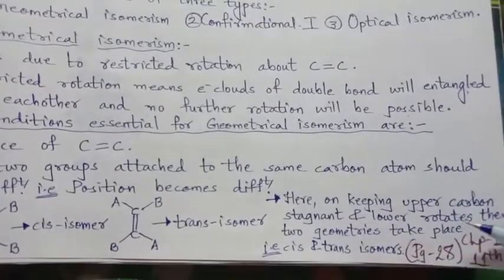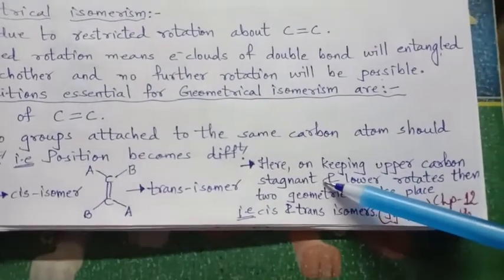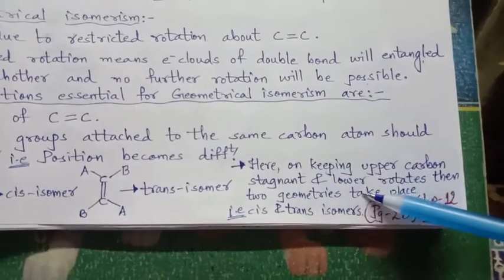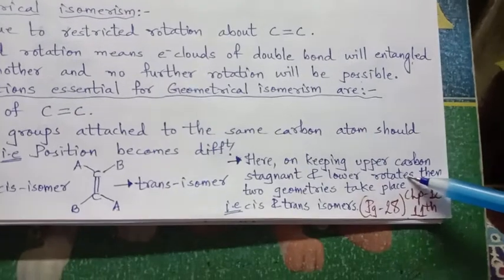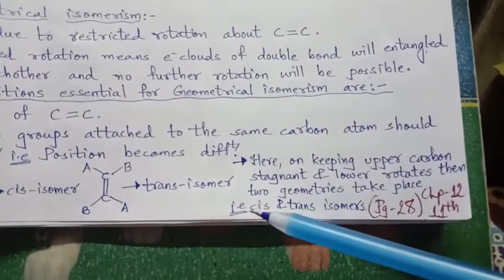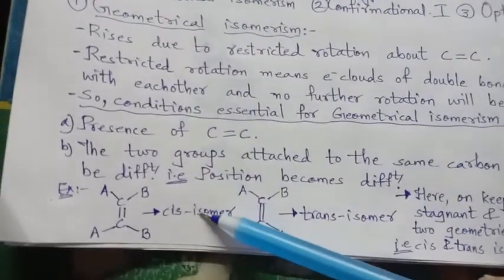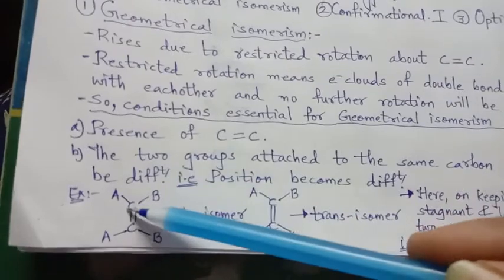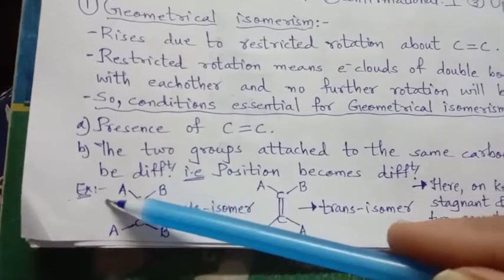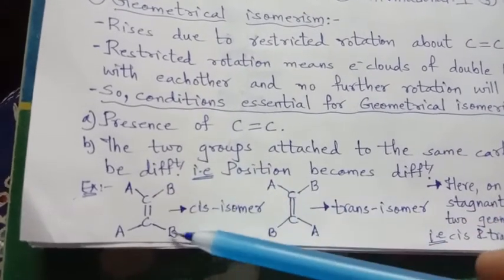Now I just told you what happens here on keeping the upper carbon stagnant, I just showed it, right? The upper carbon stagnant means the upper carbon will not move, and the lower carbon starts to rotate. Then two geometric forms arise, that is cis and trans isomers. What are cis isomers? When two similar functional groups are on the same side, here see both A are on the same side, both B are on the same side.